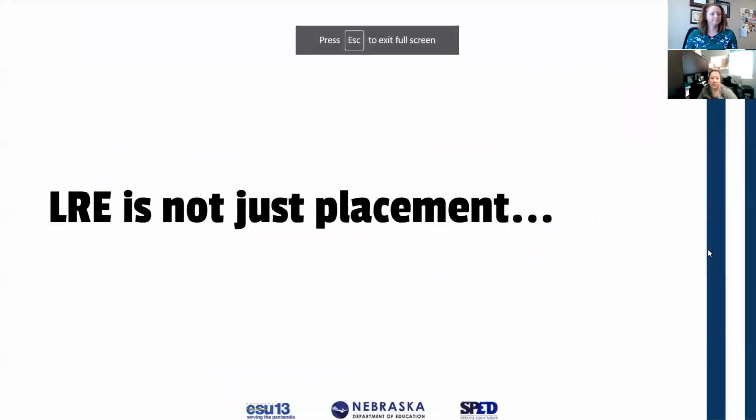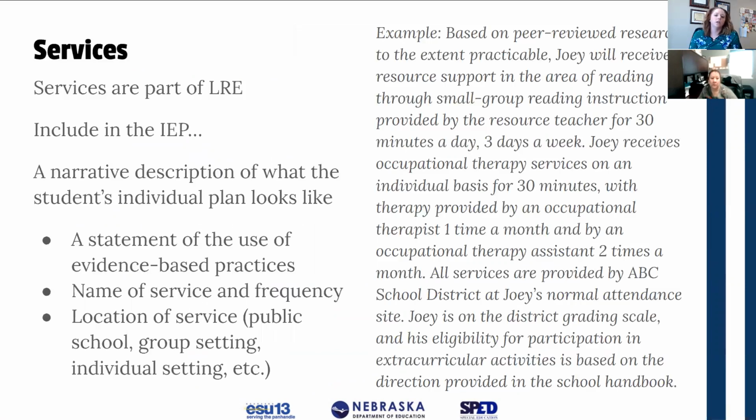It's really well done. So thinking about LRE, that least restrictive environment, is not always just the placement. It also can include the services a student receives. So services are part of that least restrictive environment. So what we want to include in the IEP in regards to services is kind of a narrative description of what that student's plan looks like as far as services.